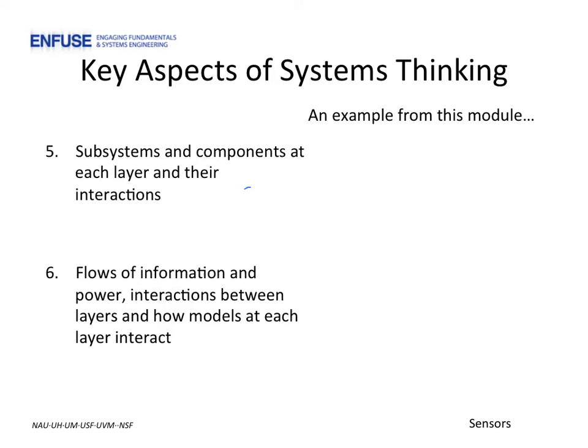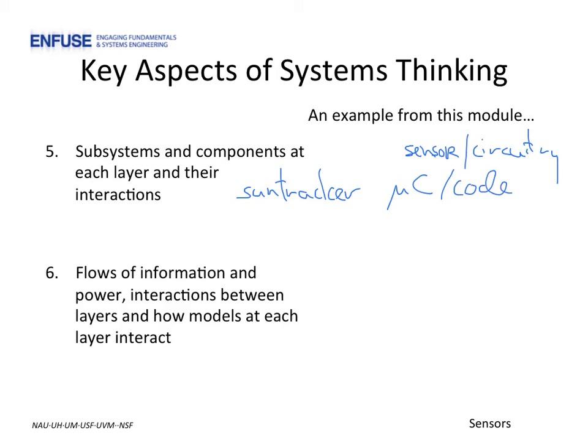We discussed in our sun tracker example the various subsystems involved in that design. Specifically, we had sensors and the conditioning circuitry that produced a voltage that varied with the phenomena of interest, the microcontroller and its code, and then the linear actuator.